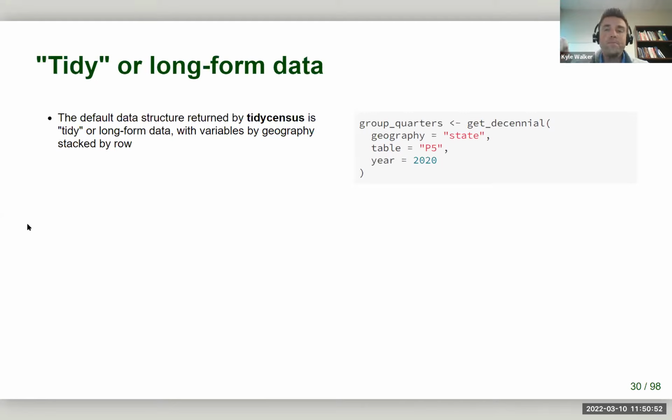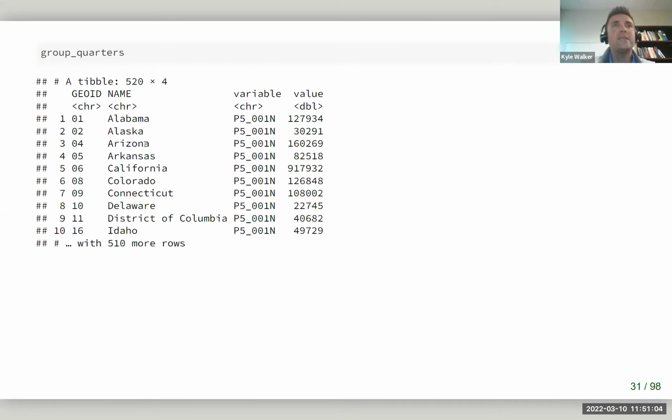And so in this case, geographies will be stacked by row. So if I want to grab all the data on group quarters from table P5 for states, I'll get something that looks like this, but I want to illustrate very briefly exactly how this works and how you can browse your data in greater detail.